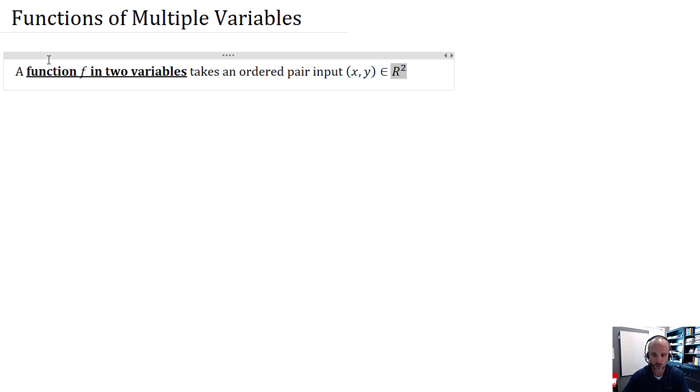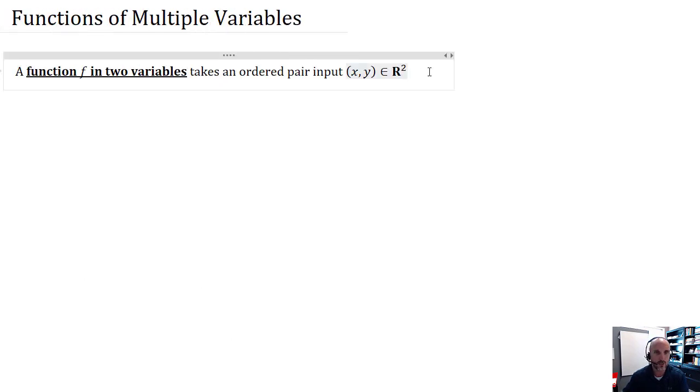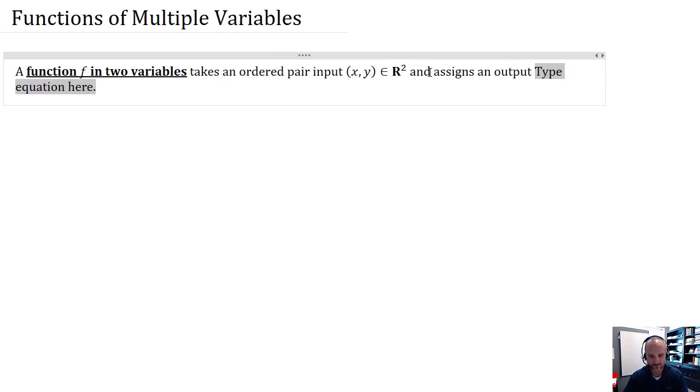So x and y are both real numbers here. So we're taking an ordered pair input x comma y from R2 and assigns an output, let's call it z, which is also a real number, assigns an output z, okay?